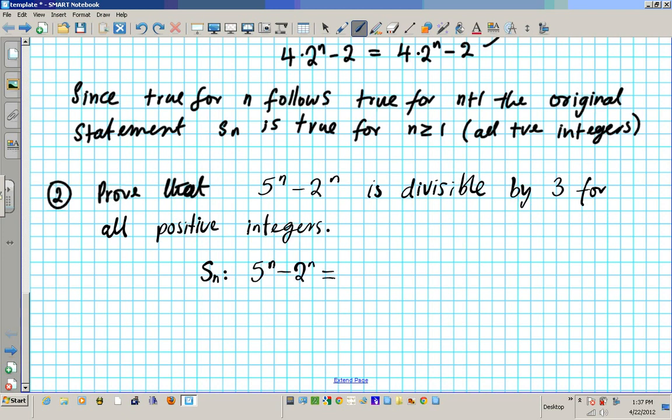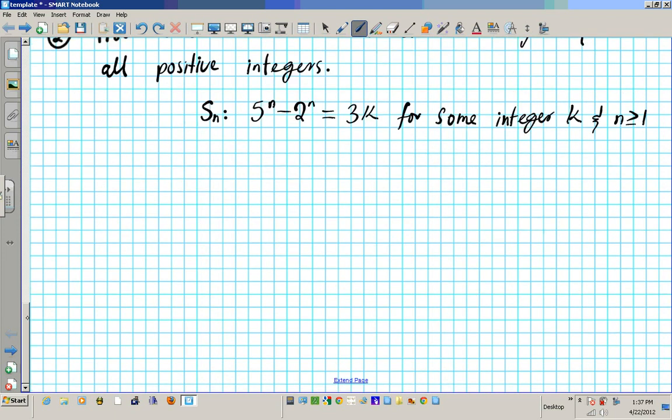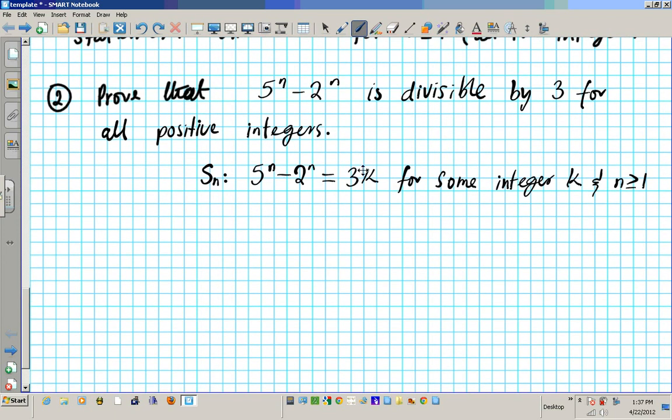This basically means that this expression can be written as a multiple of 3, which is 3k, for some integer k, and n is greater than or equal to 1, since we're working with positive integer values. Alright? So that's the statement that we're going to focus our attention on, this statement right here, okay?